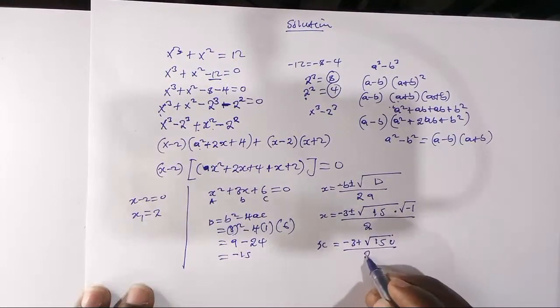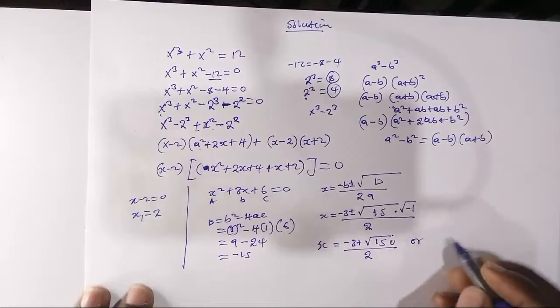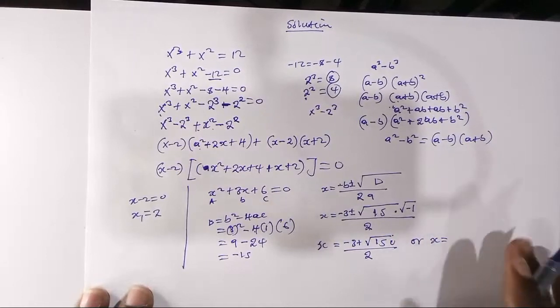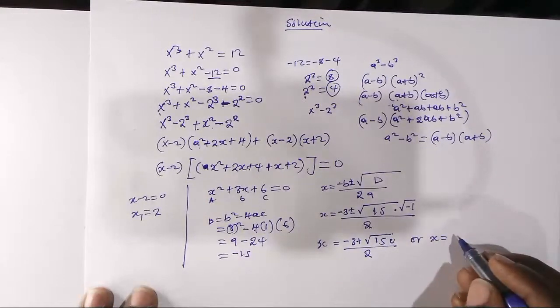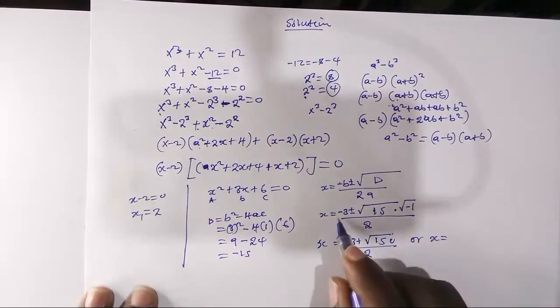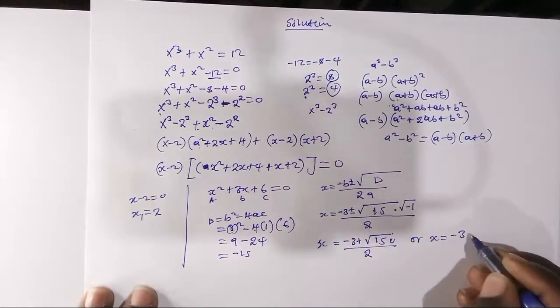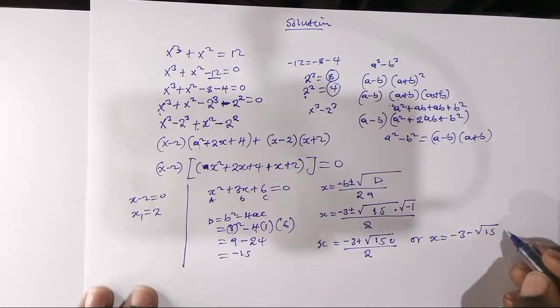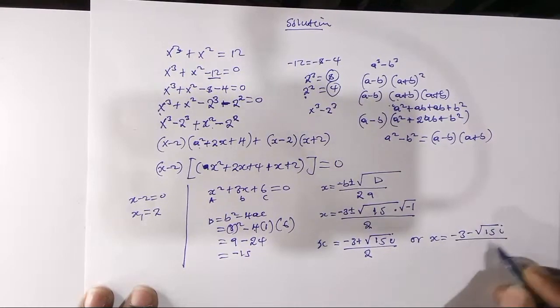So we are going to have 2 here, or x equals minus 3 minus the square root of 15 times the square root of negative 1, then divided by 2.